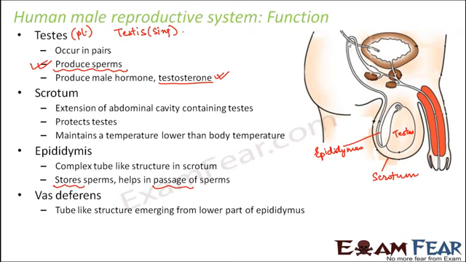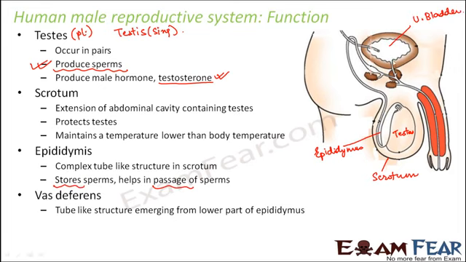And where does it open? It opens into the ejaculatory duct, that means the duct which actually takes the sperms out of the body, right? A tube from the urinary bladder also unites with this tube. If you see, this is the urinary bladder.